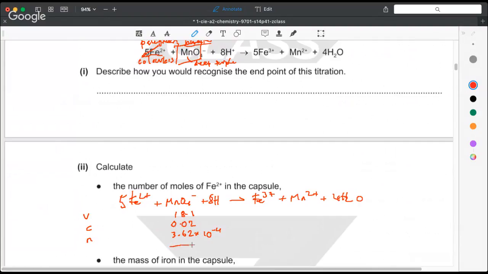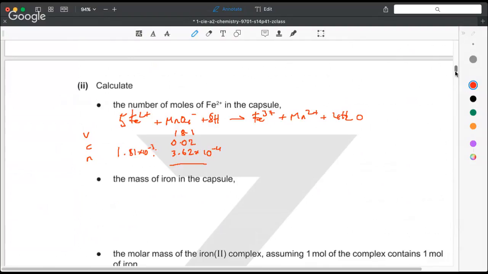So that's the number of moles of manganate, and it's very easy at that point to say, well, if I've got that number of moles of manganate, I've got 5 times as many moles of iron. And so we just multiply that by 5, and you get 1.81 times 10 to the minus 3. I think that's a pretty easy mark there.